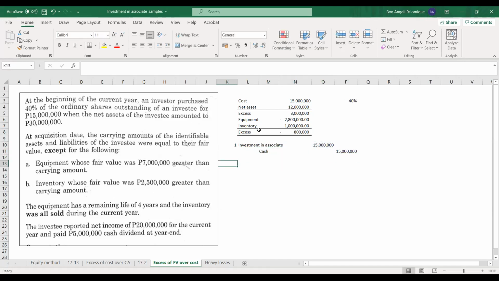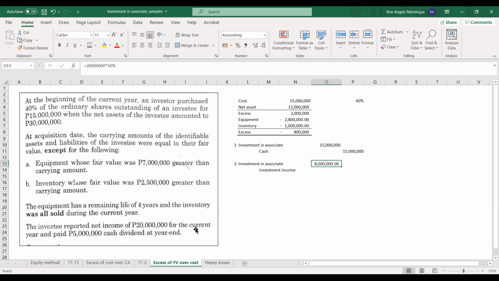Next is to record the share in income, since the investee also has an income of 20 million. So, debit investment in associate and credit investment income. It is 20 million multiplied by the share of 40%.